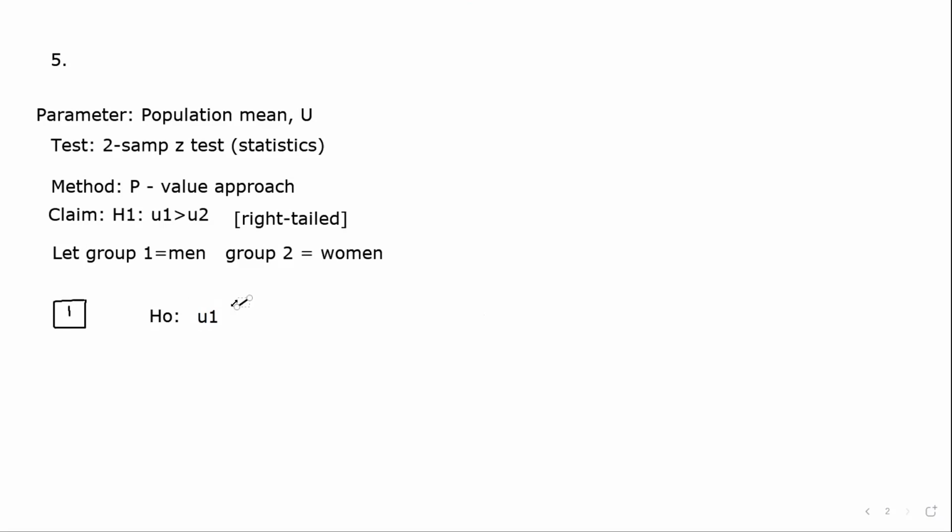So mu1 is less than or equal to mu2, which I'm going to sneak a line under. That's about as good as I can get.